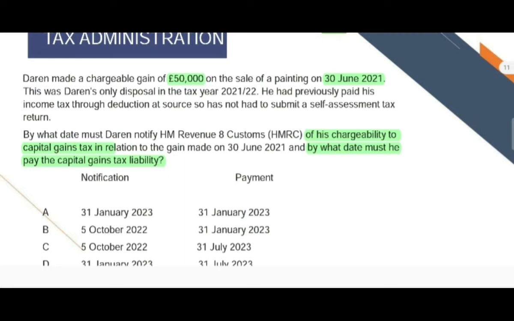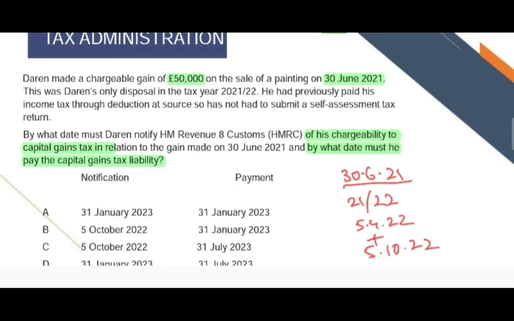So the answer to the first question would be: as 30 June 21 is the date of disposal, and this date lies in the tax year 21-22, and the tax year 21-22 ends on 5th April 22, plus 6 months gives you a date of 5th October 22.